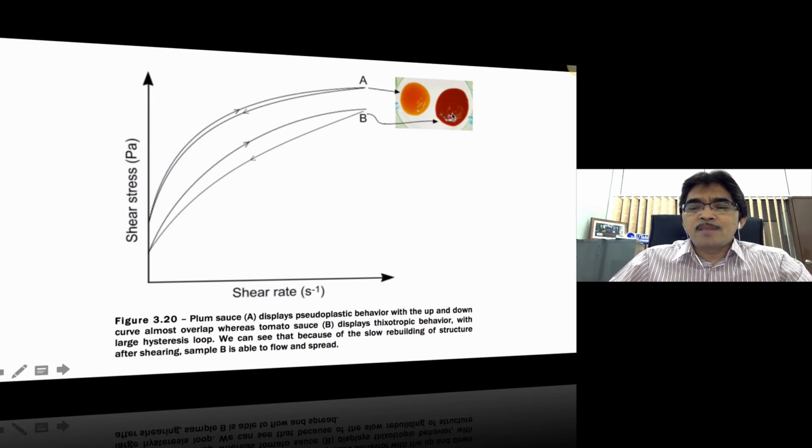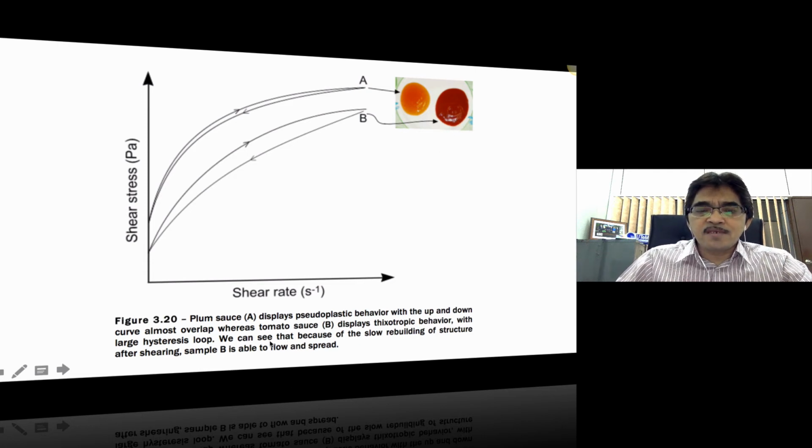So sample B will take time to recover the viscosity, and while it is recovering, it has time to spread more. Whereas this one recovers the initial viscosity very fast, so it doesn't have much time to spread. This one is slower to recover the viscosity, therefore it has more time to rebuild the structure.